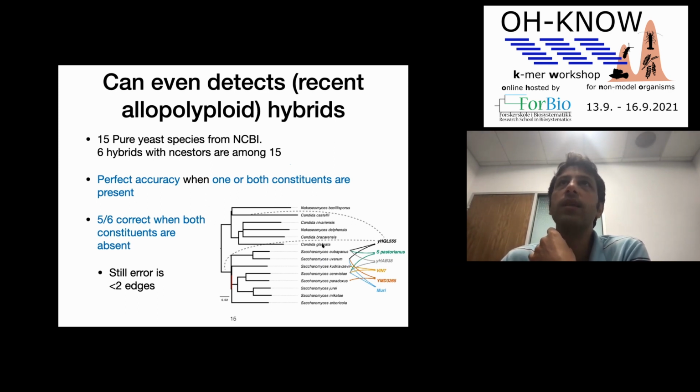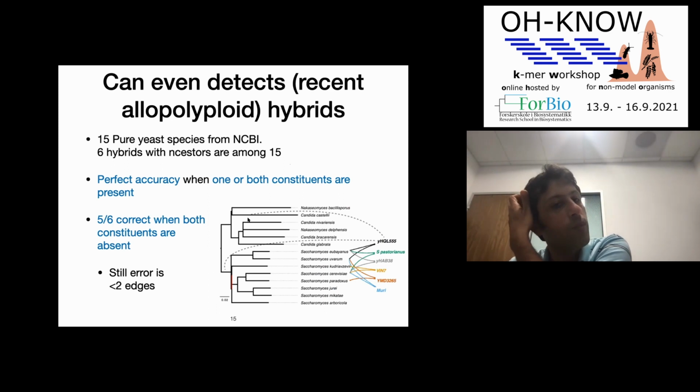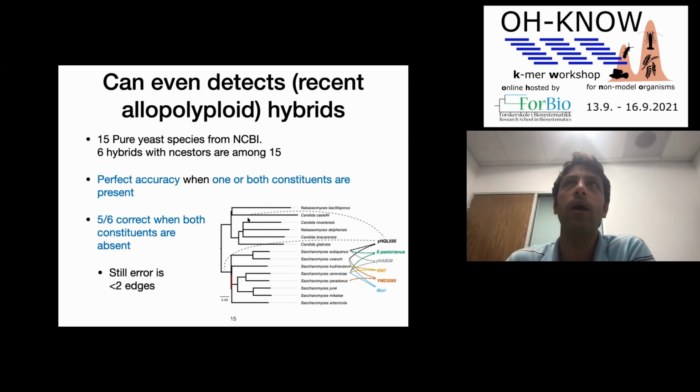Like this species right here, you see how its constituents are sister to each other. When you remove both of these from your reference, the correct placement is going to be that both constituents should be on this short branch here. And MISA in that case was failing. It's putting one of them here, the other over there. But for the most part, the method is working fine.